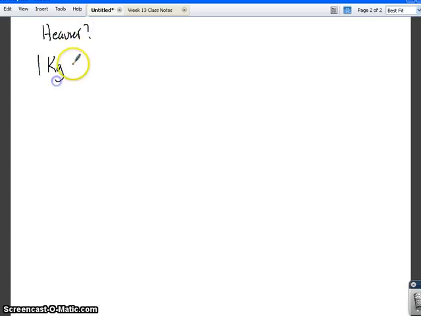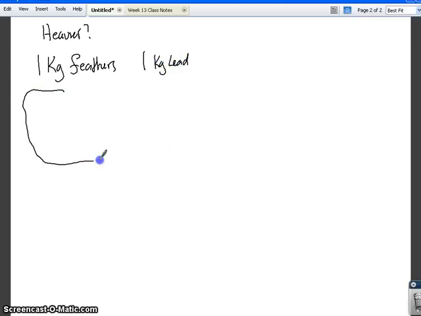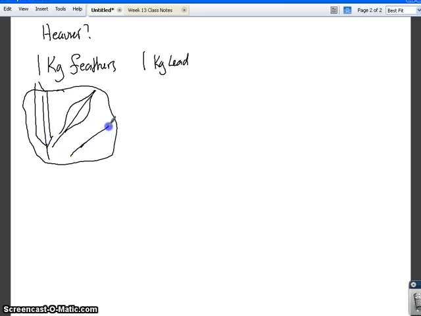Well, 1 kilogram of feathers. Notice I put kilogram instead of pound because I'm in a physics class. 1 kilogram of feathers or 1 kilogram of lead? So we have a big old bag here of a bunch of feathers.